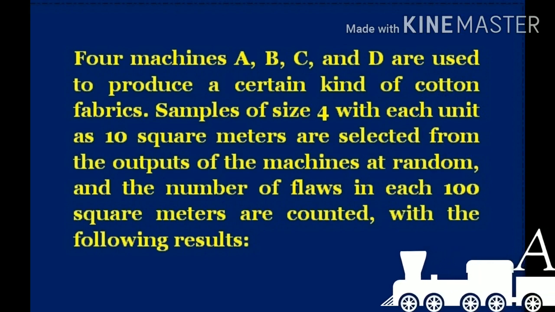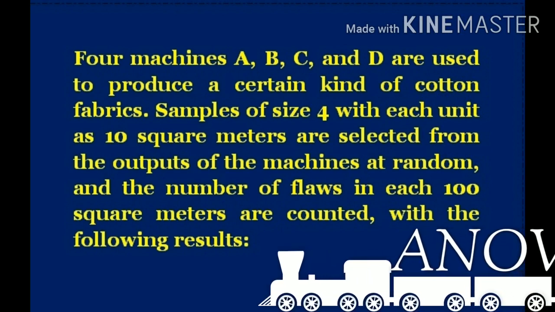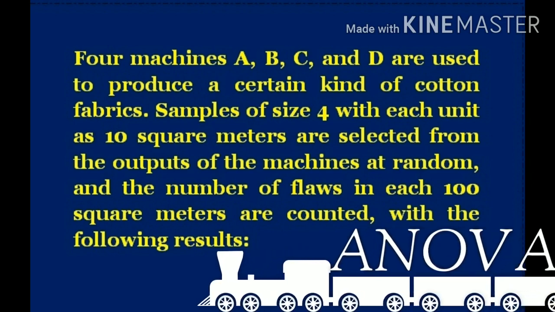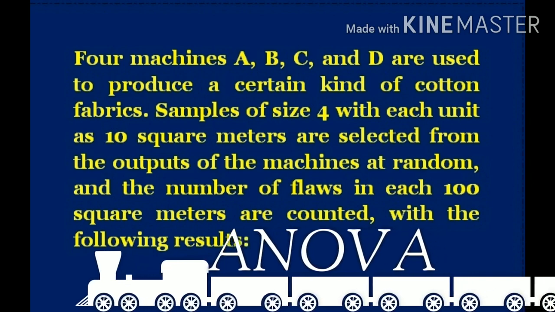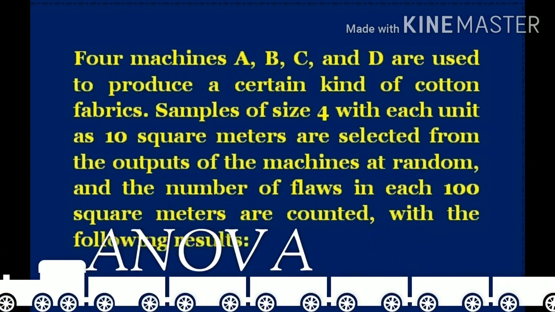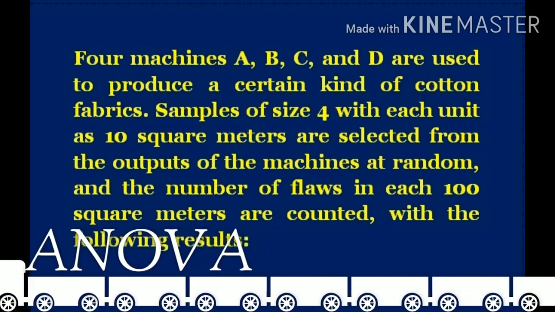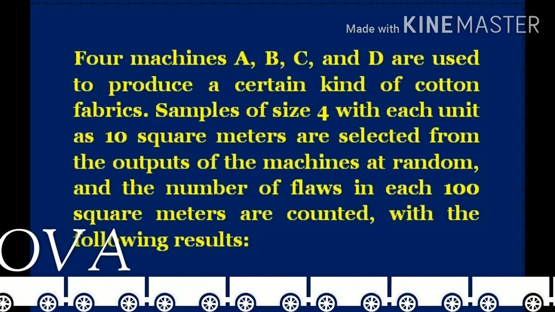Four machines A, B, C and D are used to produce a certain kind of cotton fabric. Samples of size 4, with each unit being 10 square meters, are selected from the outputs of the machines at random. And the number of flaws in each 100 square meters is counted, with the following results.